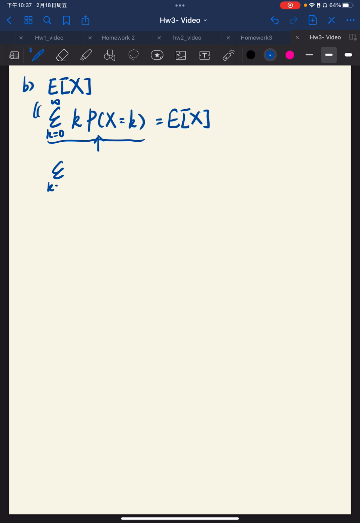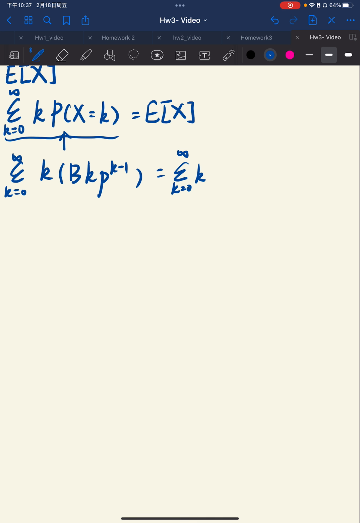We substitute P here, which gives the summation of k times b p^(k-1). Without considering b for now, it is k squared p^(k-1).